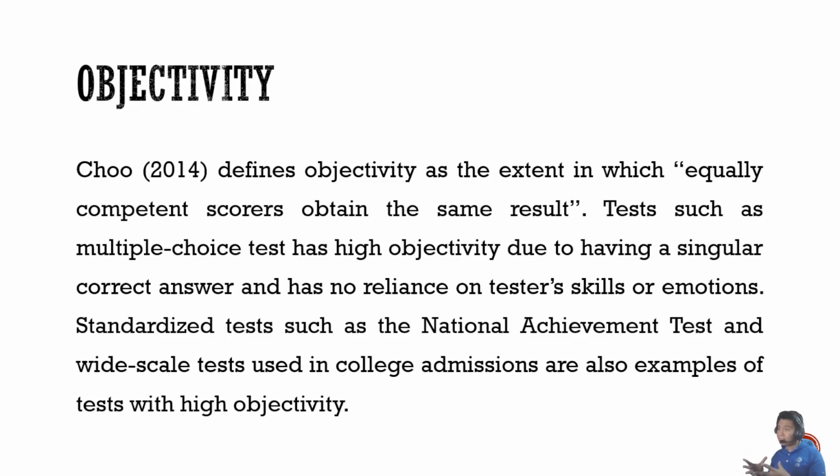Pag objective test, madali lang ma-establish yan. Okay? Pag tama ni A at tama rin ni B, pareho sila na makukuhang score. Okay? Nagkakaroon tayo ng problema dito kapag subjective test yung ginamit natin. Okay? Pag magaling sumayaw si A at magaling din sumayaw si B, bakit kaya si A naka-80 at si B naka-87?